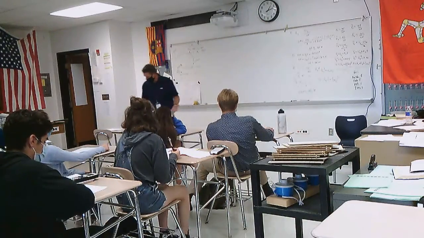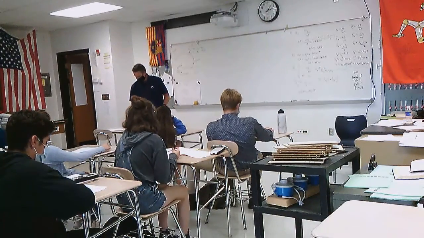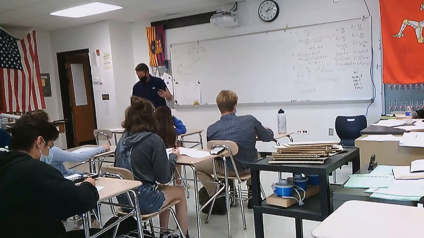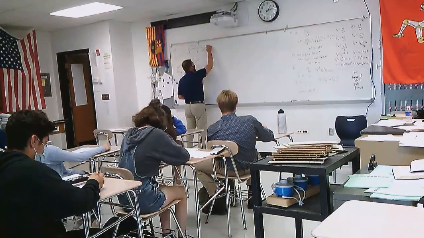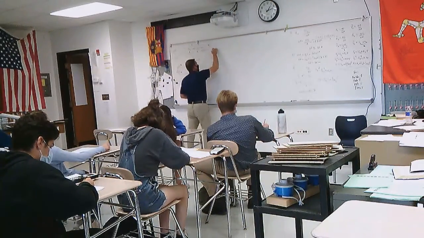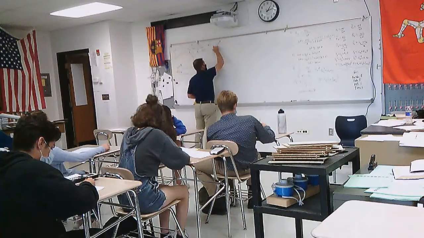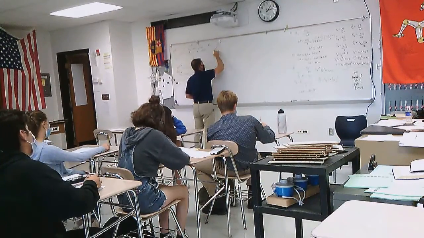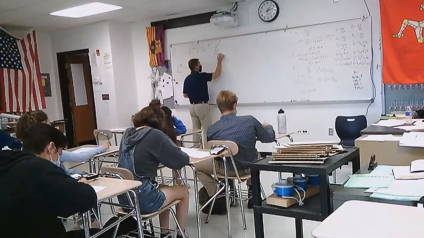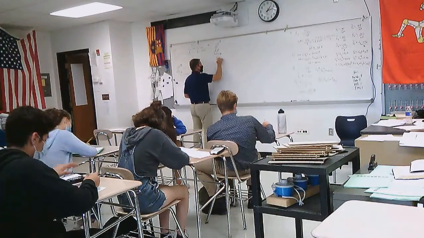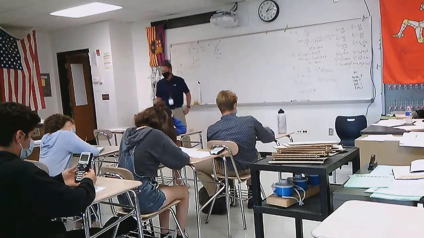So our first step is part A: draw the initial velocity vector and calculate its horizontal and vertical components. Here is 25 meters per second at an angle of 50 degrees. So we've got an x component. What side of the triangle is that x component?